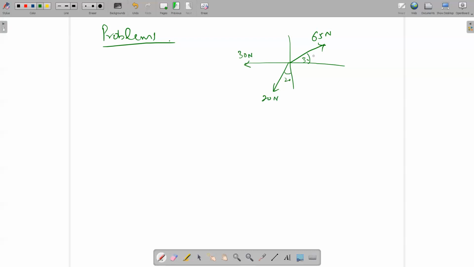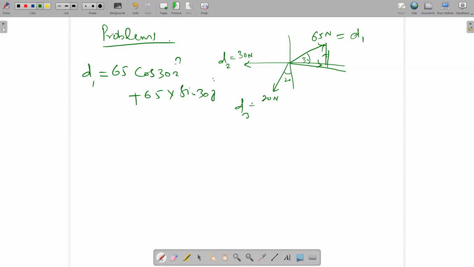So what you will do, you know that this type of question you can solve with the component method. It's easy to solve with the component method. Okay, so if I say this is D1 and this is D2 and this is D3, here D1 is equal to, if you draw a perpendicular here and make two components, 65 cos 30 i, plus, because this is positive, this is positive, plus 65 sine 30 j.